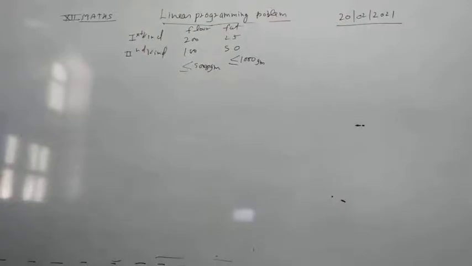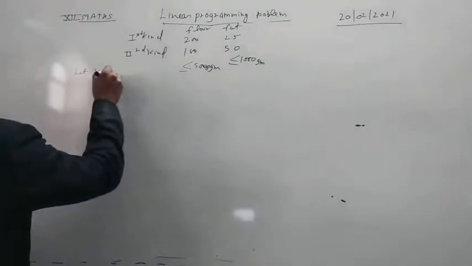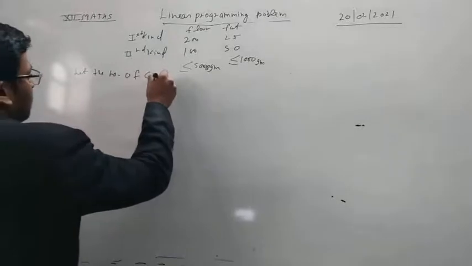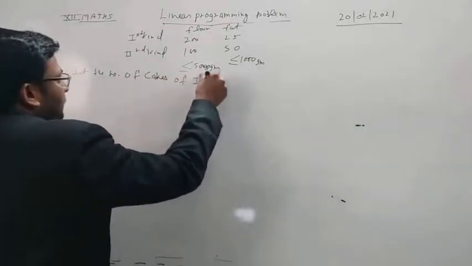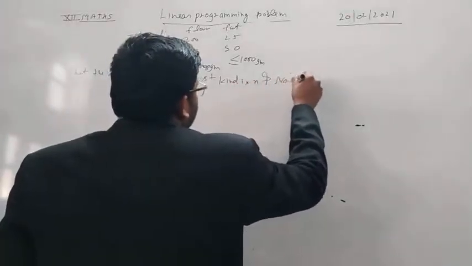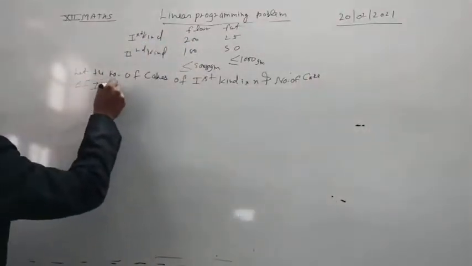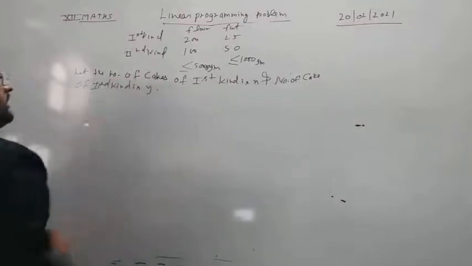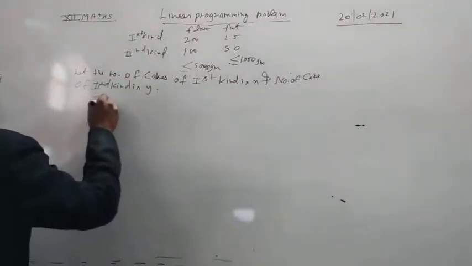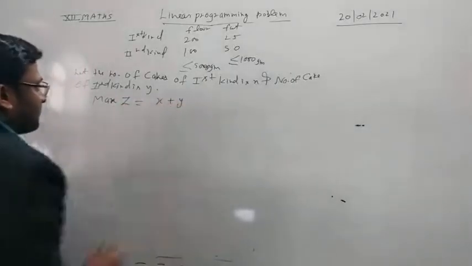We suppose that the number of cakes of first kind is x, and the number of cakes of second kind is y. So we will maximize z, which is x plus y.